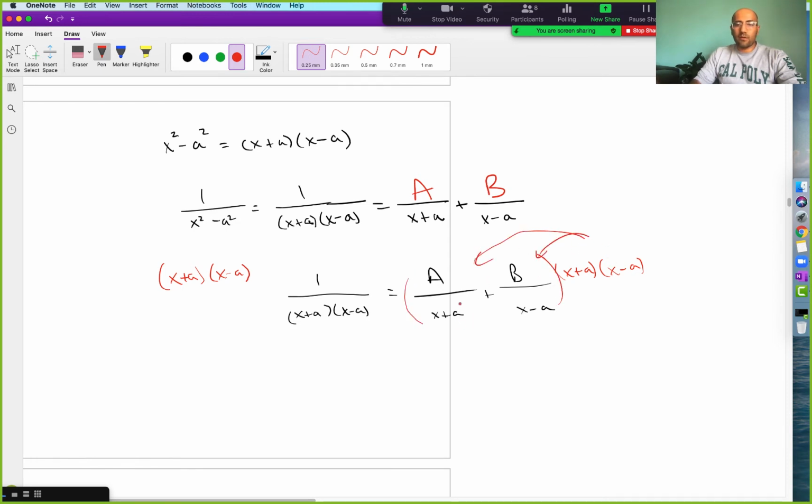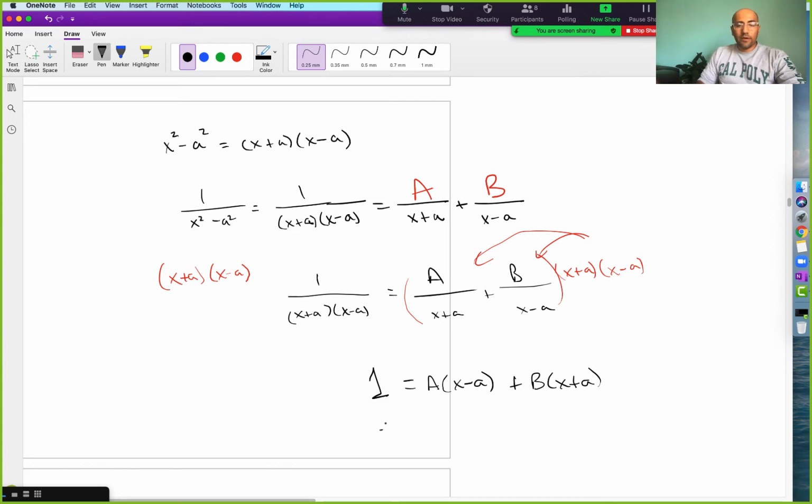When I distribute, the x plus a is going to cancel, giving me just a term of A times x minus a. And when I distribute here, the x minus a terms will cancel, giving me a B times x plus a over there. And then everything cancels on the left-hand side, giving me just a 1. 1 equals all that.